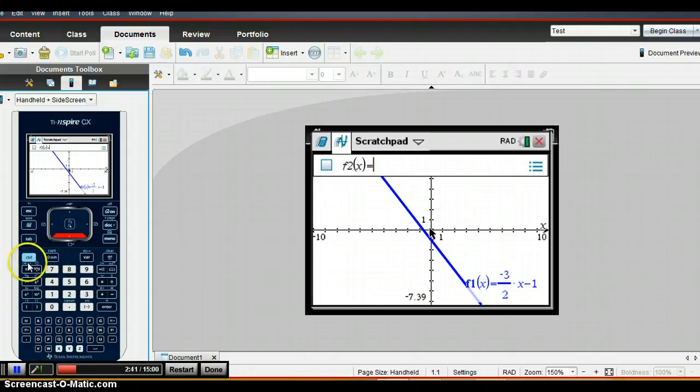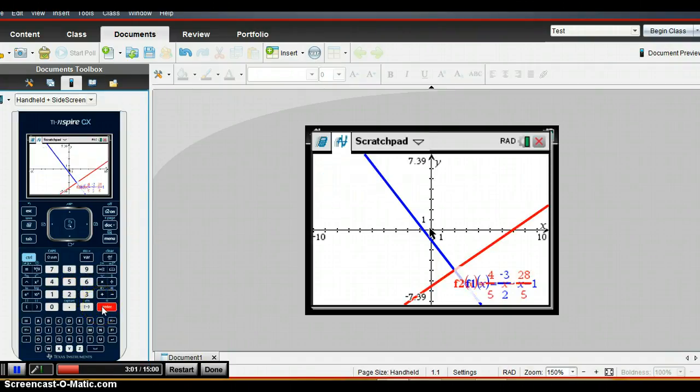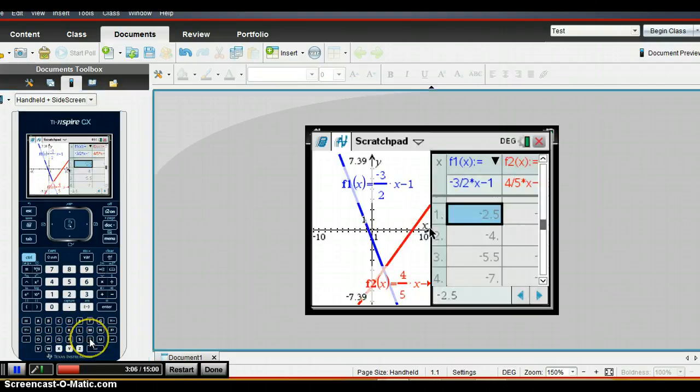Then our second one, control divide again, so we got 4 over 5 x minus, and then we press control divide again for 28 over 5, and since that's my last one, I'm going to press enter. Alright, then we go to our table, so control T to get to the table.